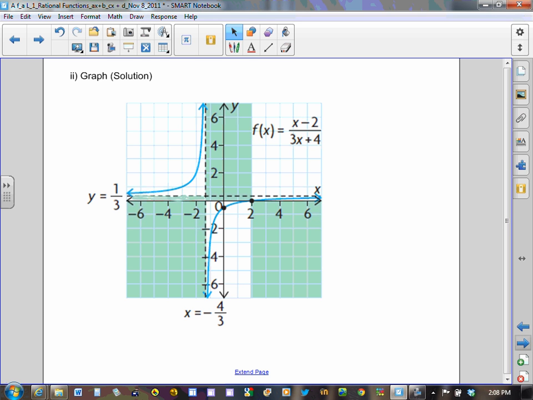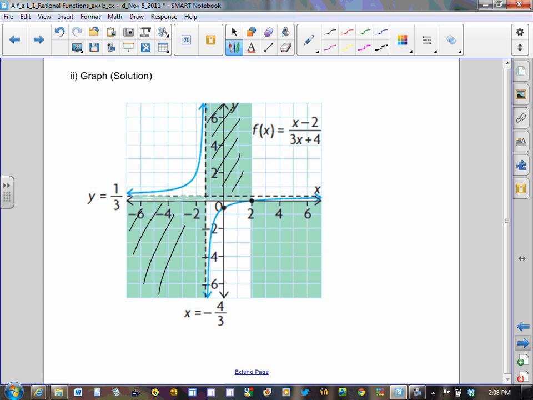That could even be done prior to graphing the 0 or the VA. Well, actually, you do need the VA in there to do so. But take note of these areas here, right? All of these areas will not be used in the graphing of the function. So by crossing them off, it limits the field that we need to look at, and then helps us to decide where the function is going to end up.